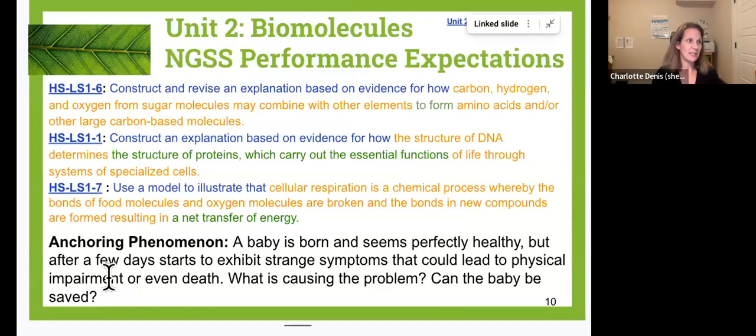So there are 3 NGSS performance expectations that are covered in this unit, and you'll see them here. Basically, there's the one about biomolecules and metabolism, that's LS16. LS11 is the central dogma, DNA and protein synthesis. And then LS17, which is touched on in our engineering project, is the respiration standard.